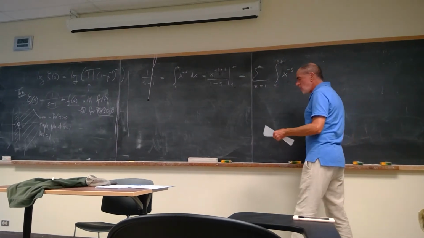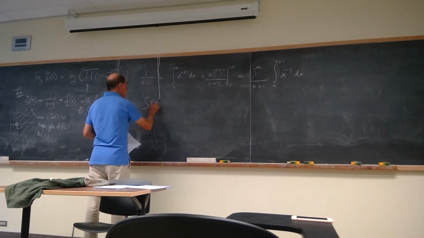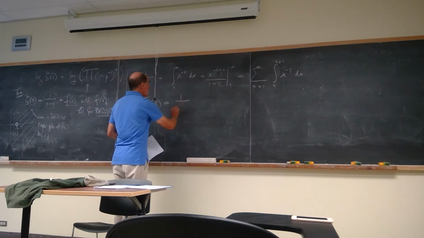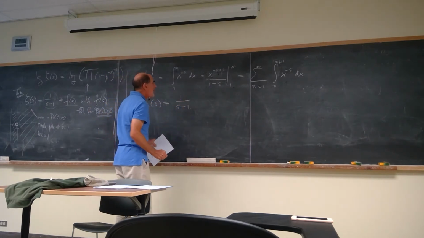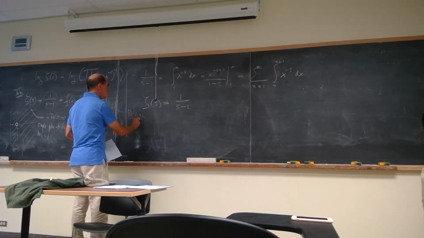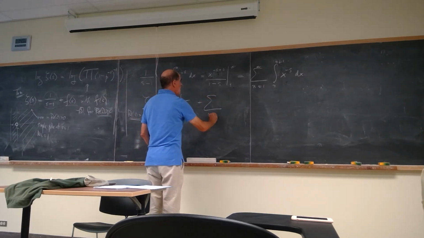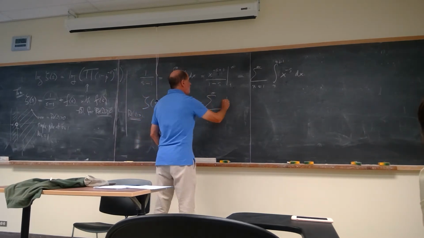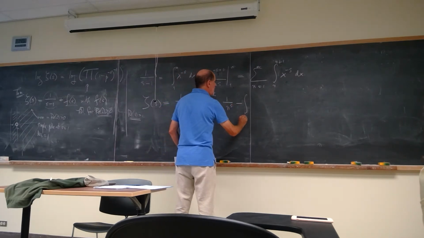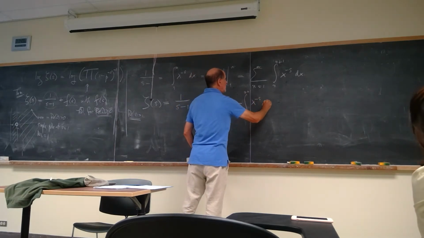And so, at least where we know the zeta function is defined, for the real part of s greater than 1, zeta of s can now be written like this: 1 over s minus 1, I'm going to add and subtract it, plus the sum from n equal 1 to infinity of 1 over n to the s minus the integral from n to n plus 1 of x to the minus s dx.